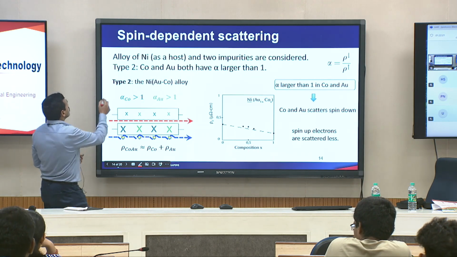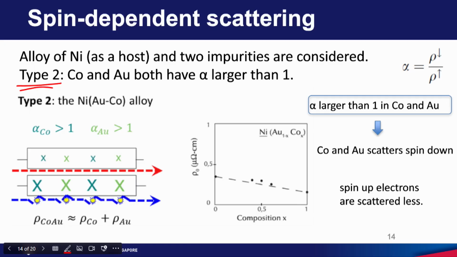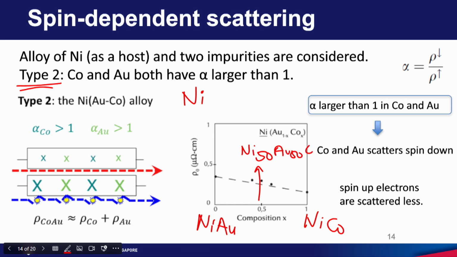Okay, now let us come to another system called type 2. In type 2, again it is like nickel. So, here is nickel, cobalt, here is nickel gold, somewhere here is nickel 50, gold 50, cobalt 50, something like that.